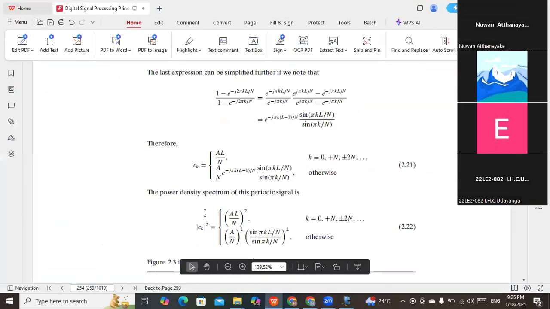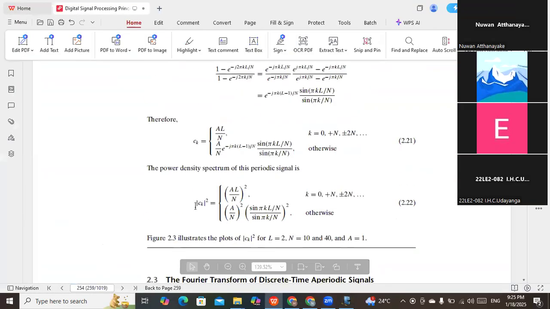We normally refer to it as a power density spectrum. If you plot this, it is referred to as the power density spectrum, because we see the spectrum. I think you know what the spectrum is.